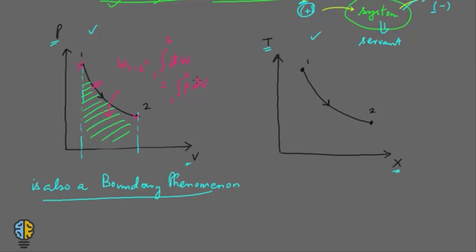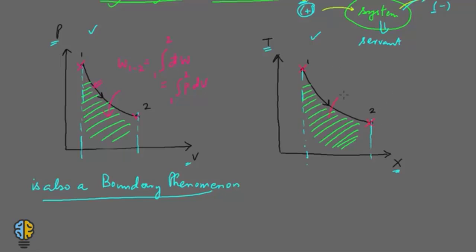Right, now similarly, if you look at the T-X plot, if you find out the area below this T-X plot, that area would give you the heat transfer that has taken place, either to the system or from the system, in going from state 1 to state 2.